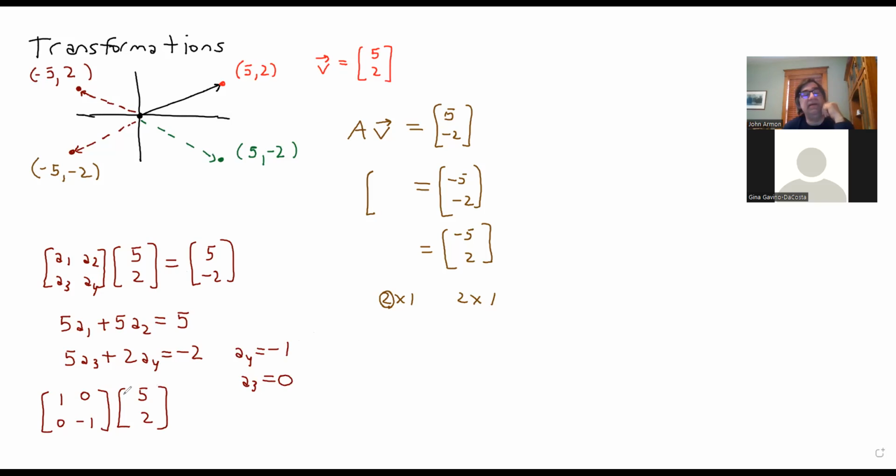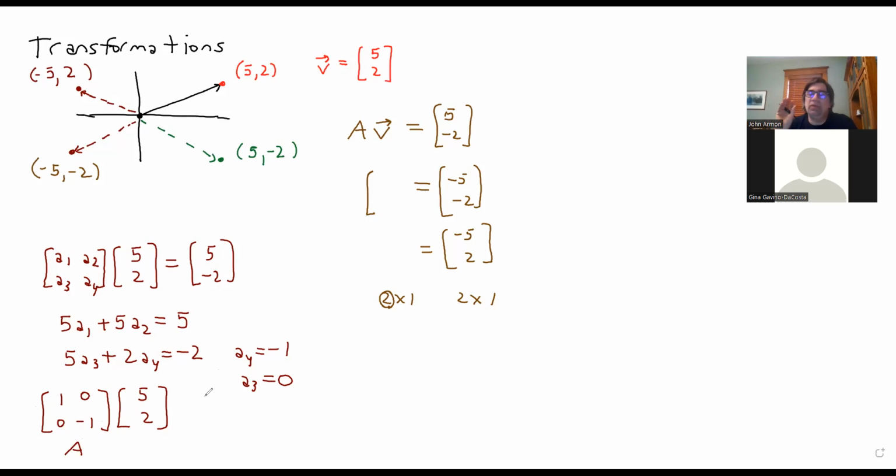So 1 times 5, 0 times 2 produces 5. 0 times 5, -1 times 2 produces -2. So I think you can see if I put the 0 here and the 1 here, you would not get the result that is desired. So this matrix A is called the transformation matrix.